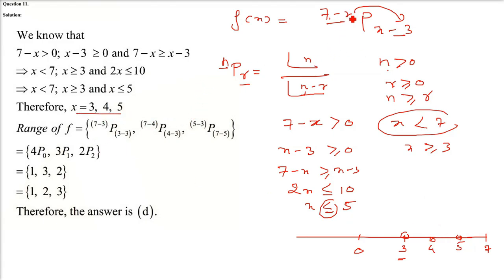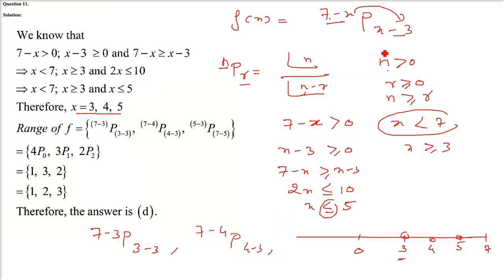We'll put x as 3, then 4, then 5. So let us put x as 3 first. So you get 7 minus 3 P 3 minus 3. Now I am putting x as 4. So 7 minus 4 P 4 minus 3. Third one is 5.